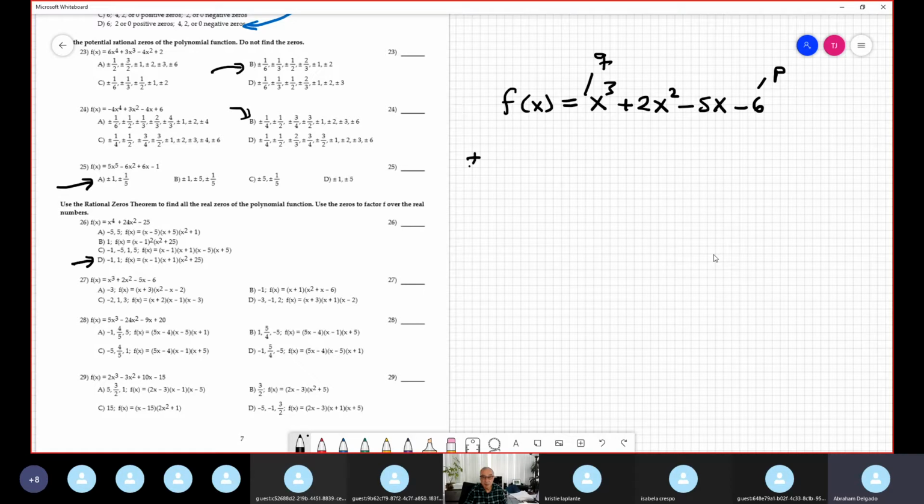Entonces plus or minus P divided by Q, in our specific example, is plus or minus 6/1. So the possibilities are plus or minus 1, plus or minus 2, plus or minus 3, plus or minus 6, and plus or minus 1. I suppose the theorem does not guarantee this.